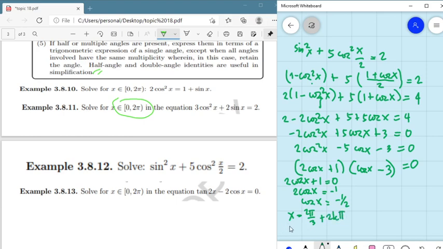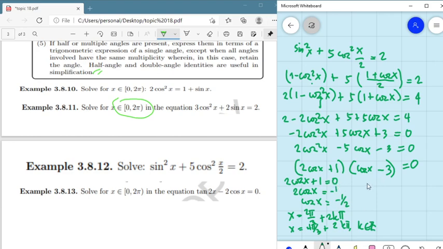And another one, in quadrant 3, we have 4 pi over 3, plus 2k pi, wherein k is an element of the set of integers.